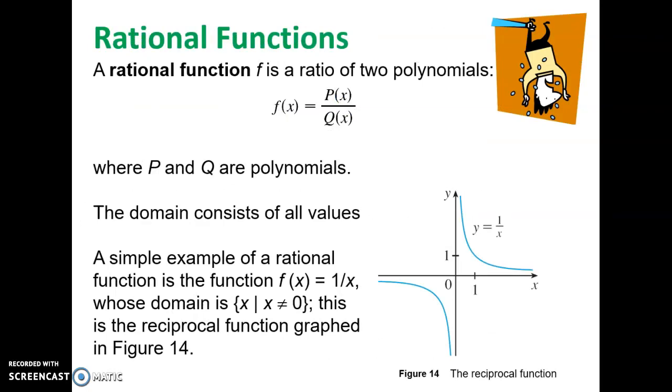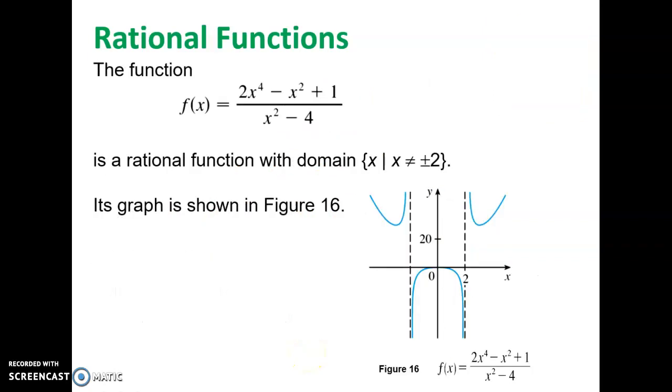Rational functions were one of the last functions that you studied in pre-calculus. They are any function that is the ratio of 2 polynomials. The domain consists of all values in which the function is defined, in other words, where the denominator is not equal to 0. This is an example of a rational function.